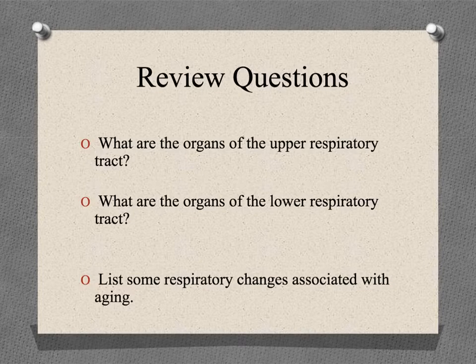Osteoporosis is possible as well, leading to chest wall abnormalities, so it could cause some kyphosis, some hunching over due to osteoporosis. So there are lots of different things about aging that can affect your respiratory system and put a patient more at risk for having disorders.